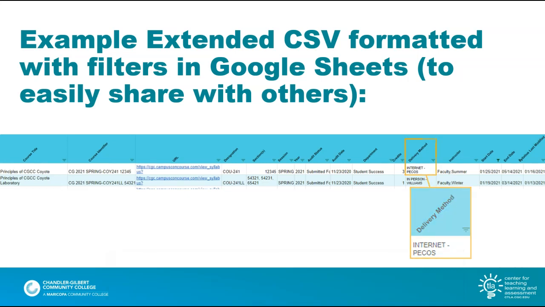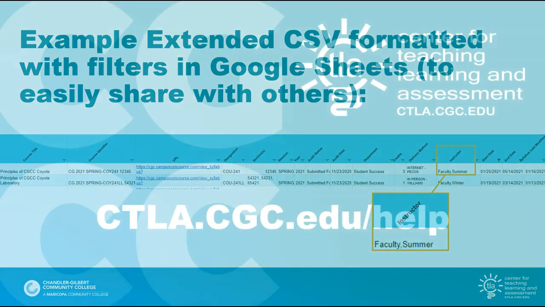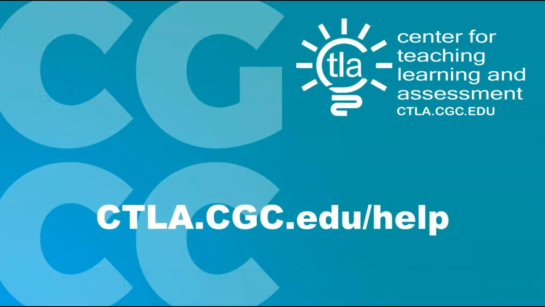And finally, this has instructor information. Really, the only thing that is missing is the email, and we're working on that to make it a default on this report. Until then, you may want to get a VLOOKUP going with your email list to add that column to this table.